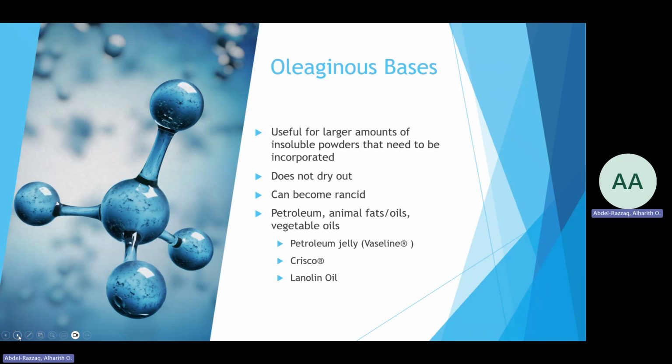When we talk about our animal fats and oils like Crisco and lanolin oil, these do have a high likelihood of becoming rancid due to the natural sources, and they do require preservation. So lanolin oil is going to be our animal fat or oil, and then Crisco is going to be our vegetable oil or vegetable shortening, and that's going to be used as an additive to basically lower melting points and to soften products.